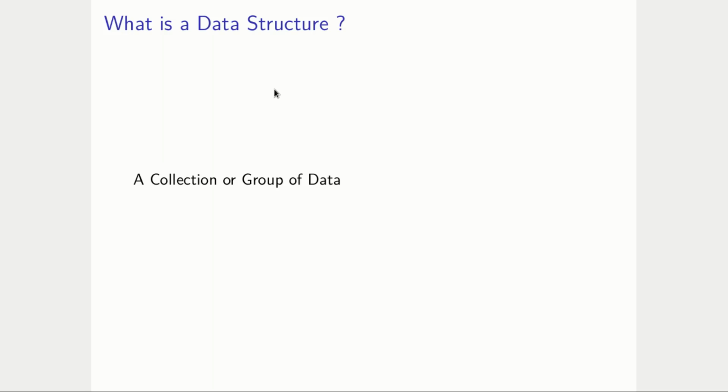So a data structure is nothing but a collection or a group of data being referred to by a single variable. Now, data structures in Python are classified into two types: 1. Mutable, 2. Immutable.